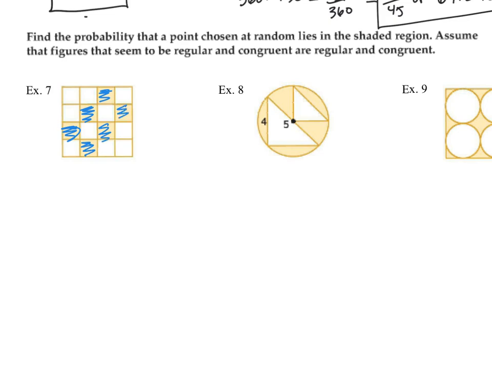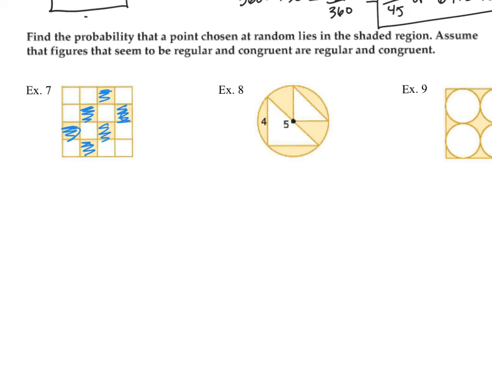So remember, the directions say to find the probability that the point chosen at random lies in the shaded region. What is the probability that if a bug flew around and he's going to land in one of these squares, he lands in one of the shaded ones? Well, if we just count the squares, there are 16 squares. 1, 2, 3, 4, 5, 6 of those are shaded.